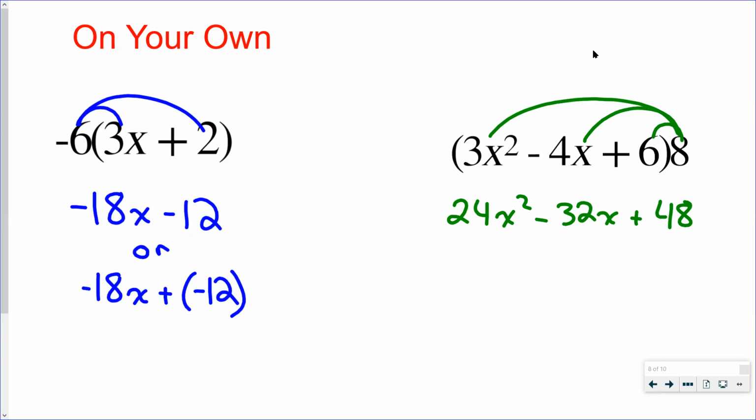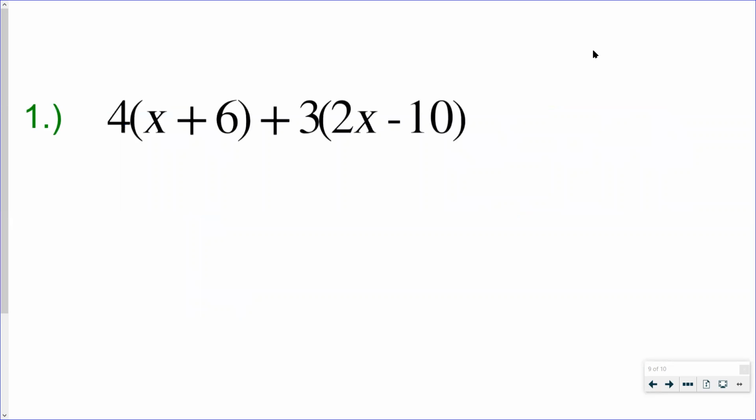Now we're going to really dig into these distributive properties. What if I run into a problem like this? We've got 4 times (x plus 6) plus 3 times (2x minus 10). Oh man, there's a lot going on here.